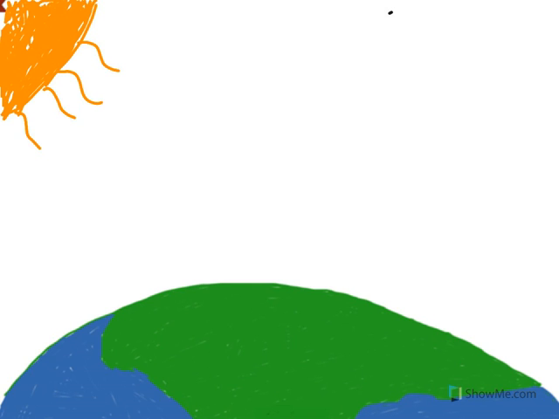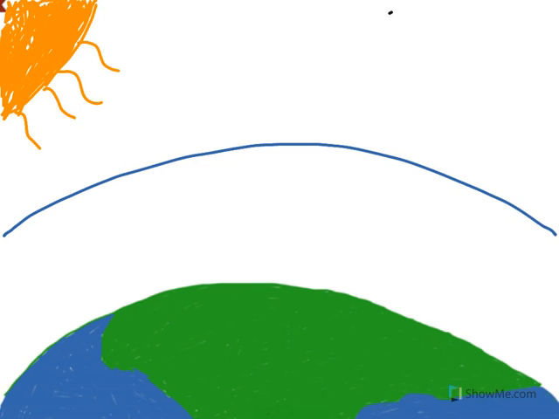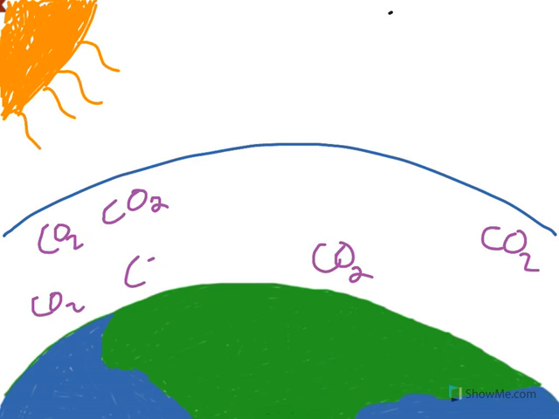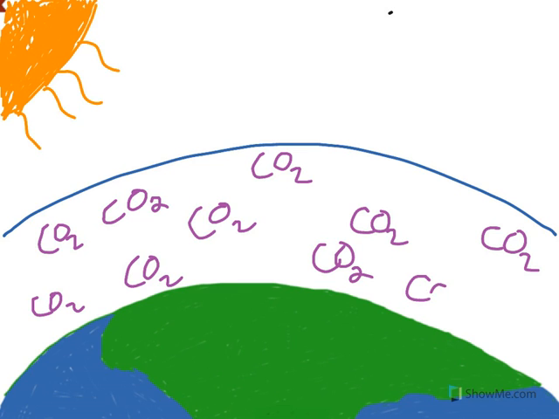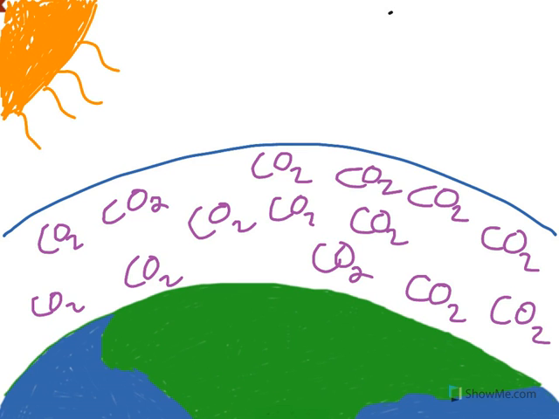So, in summary, without our atmosphere, the Earth would not be able to support life. So we need our atmosphere. And we actually need some CO2 in our atmosphere, or else our temperature would be too low. But human activity has increased the amount of CO2 being put into the atmosphere because of our burning of fossil fuels, and things like having increased meat needs, and use of animals and livestock, and growing the animals and livestock for those purposes.